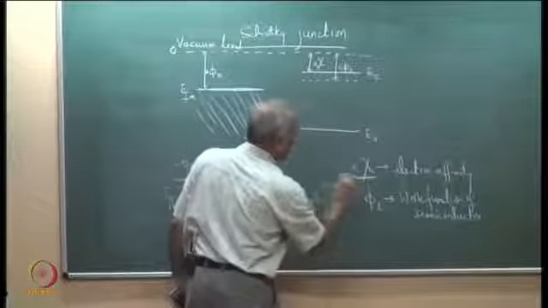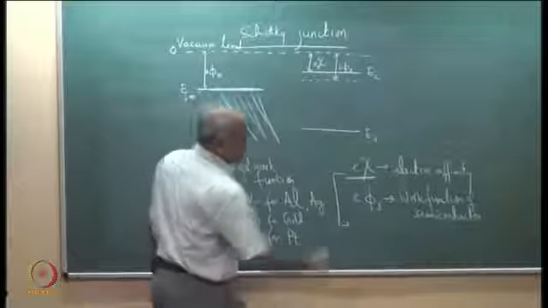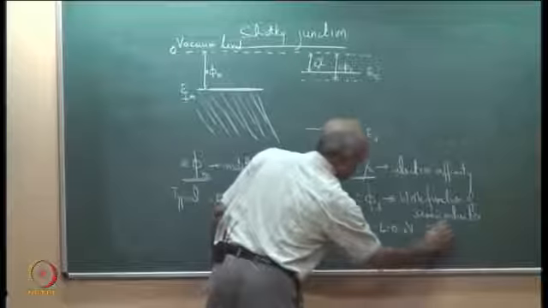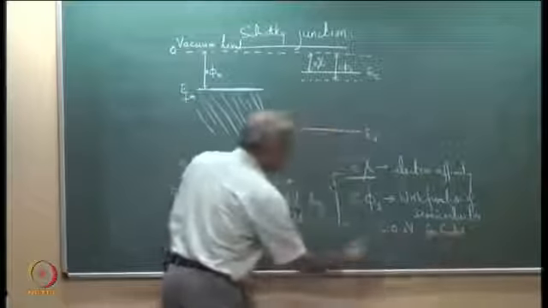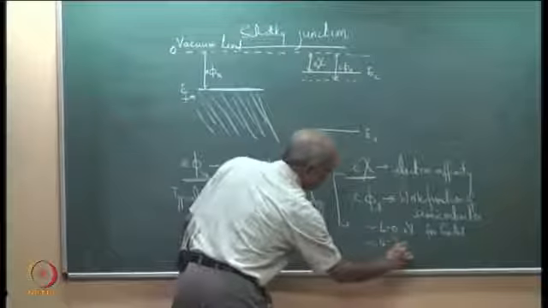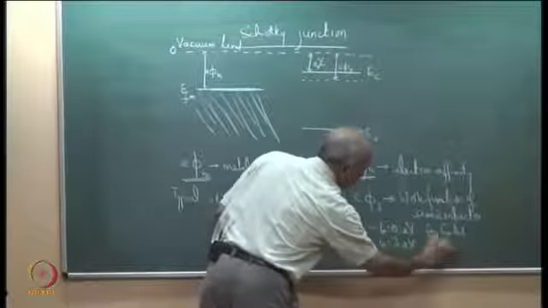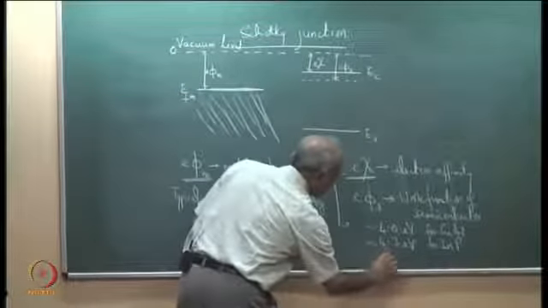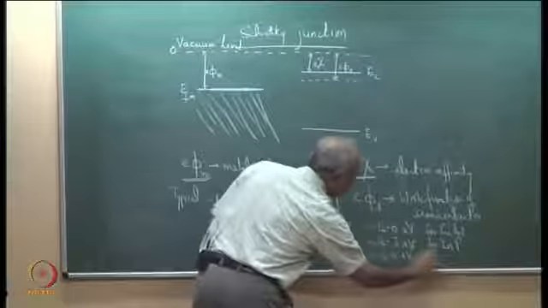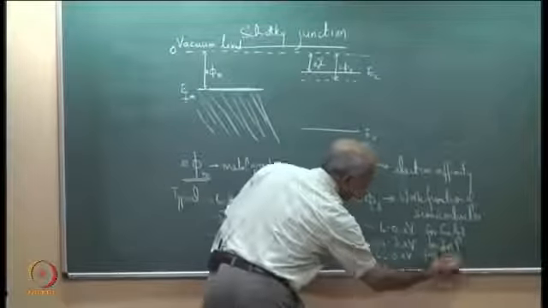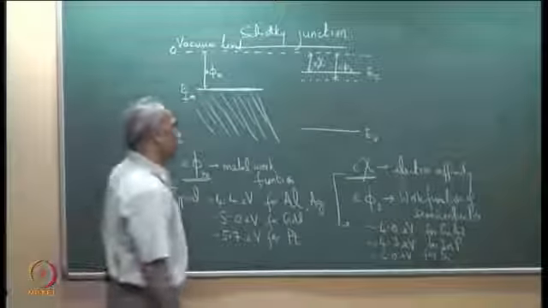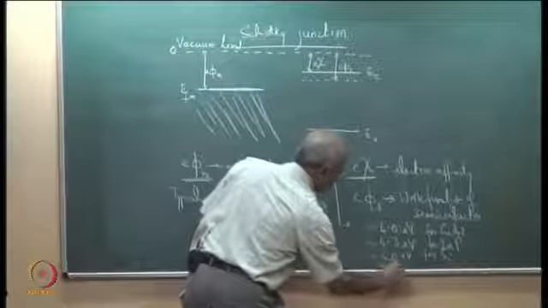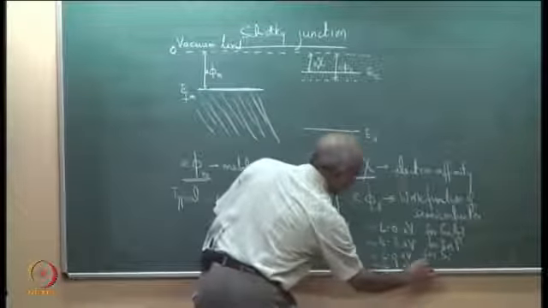E chi is approximately 4 eV for gallium arsenide, approximately 4.3 eV for indium phosphide, approximately 4 eV for silicon, and about 4.1 eV for germanium.